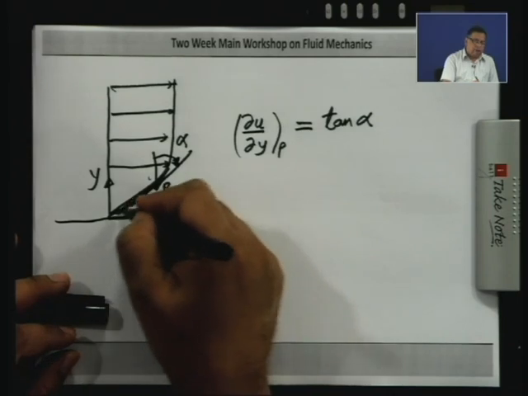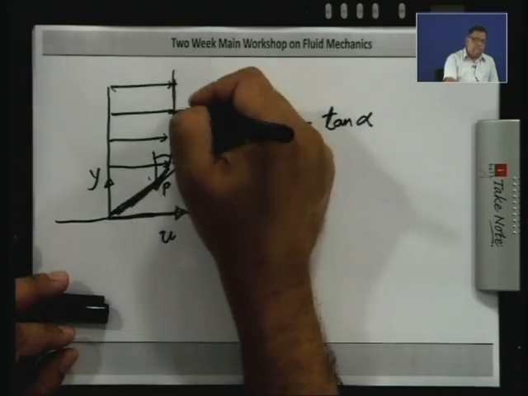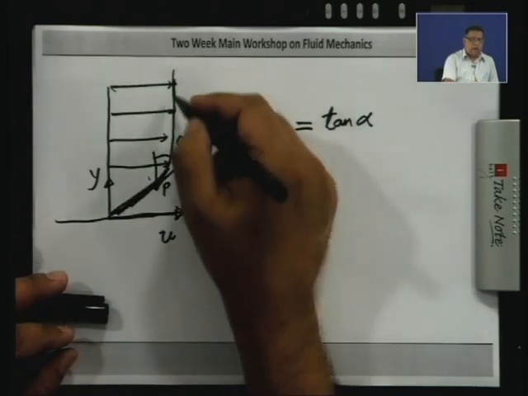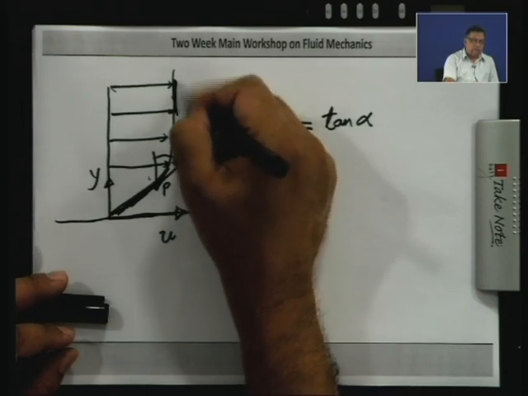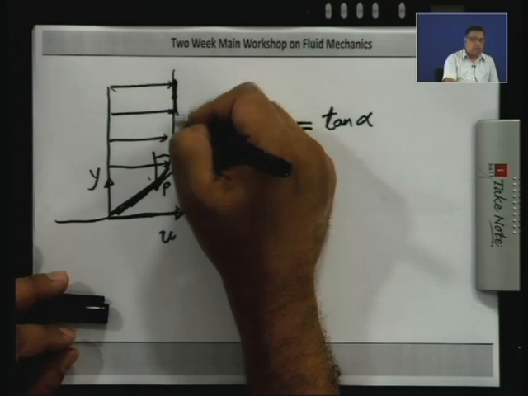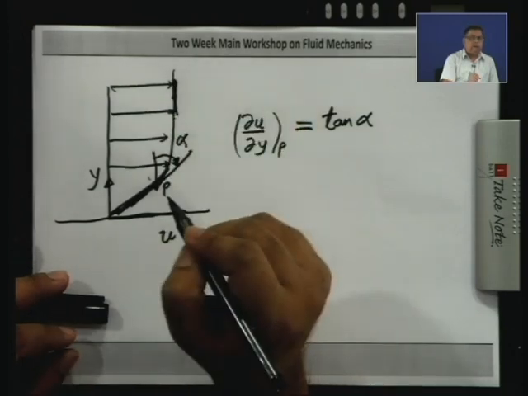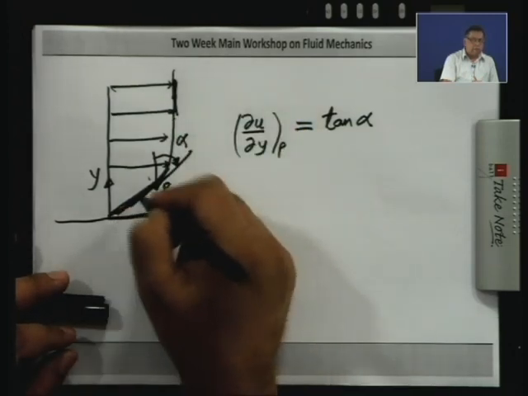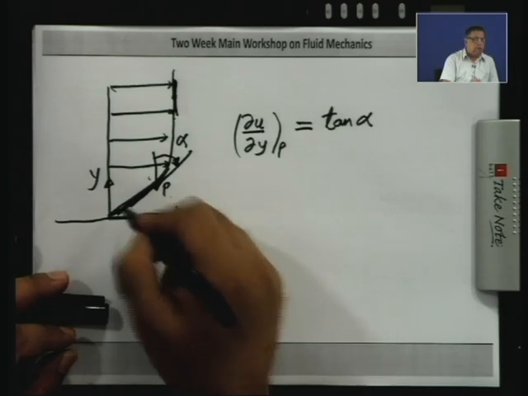So, you can see that here the alpha is 0 if I take up tangent over here, because as you move in the y direction u is not changing. So, del u del y is 0 here, and the maximum del u del y here is going to occur at the wall.